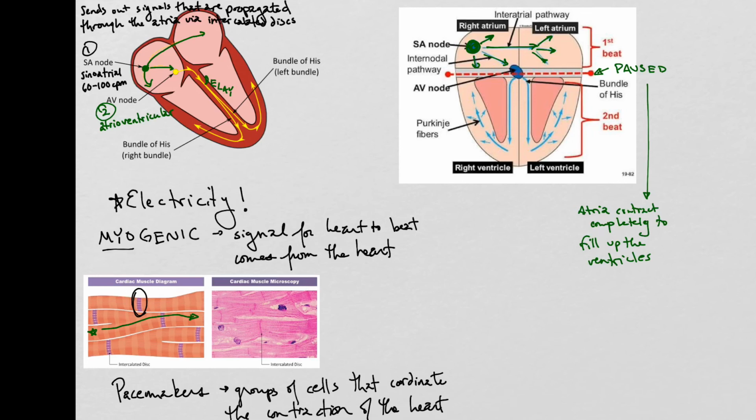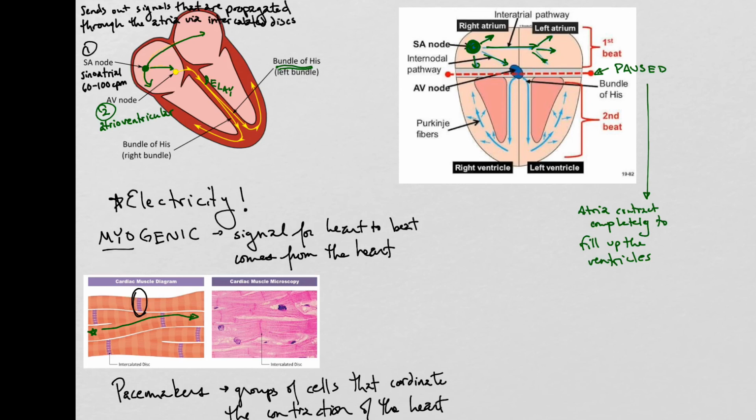Okay, so this second node, this AV node, is our second pacemaker. It sends a signal down through these two bundles of electrical transmitters here. These are nerves, and these are called the bundle of His. There's a left and a right one.